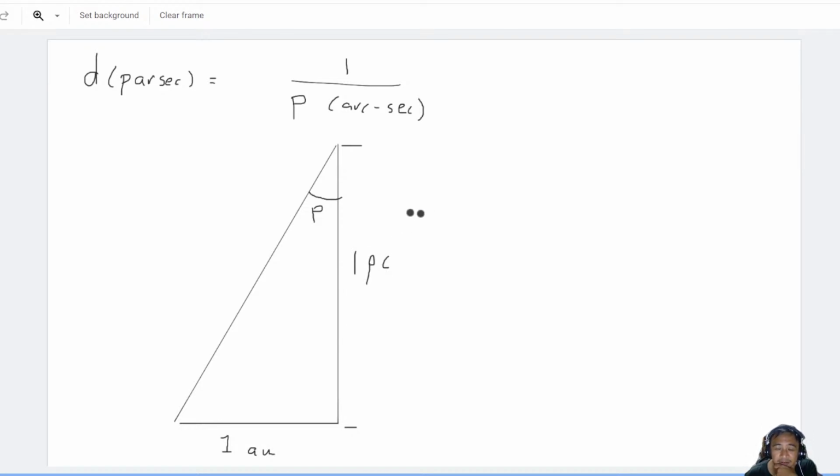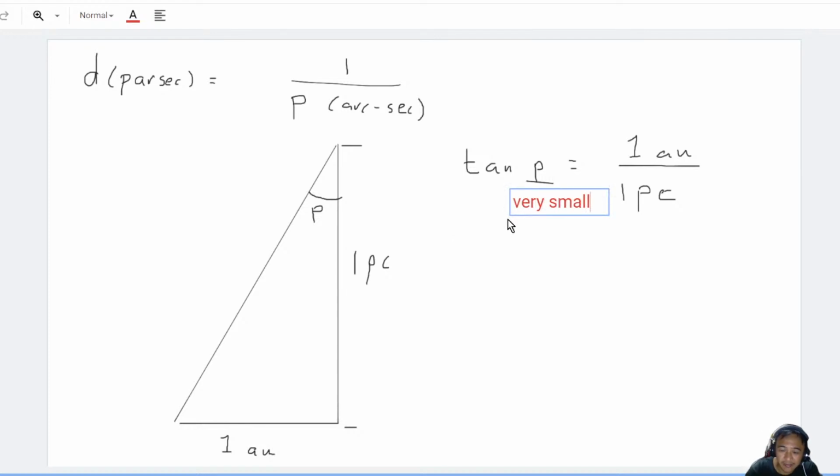If you look at this in trigonometry, what is tangent of p? Opposite over adjacent, which is 1 astronomical unit over 1 parsec.